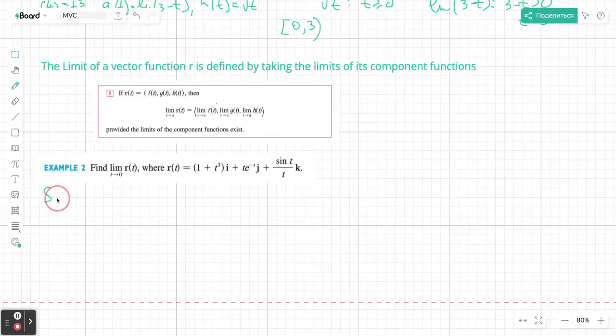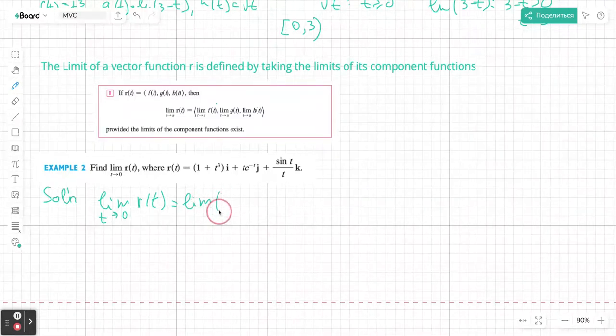That means we're looking for the solution, the limit of r of t as t approaches 0. So we're looking for limits of all the components.